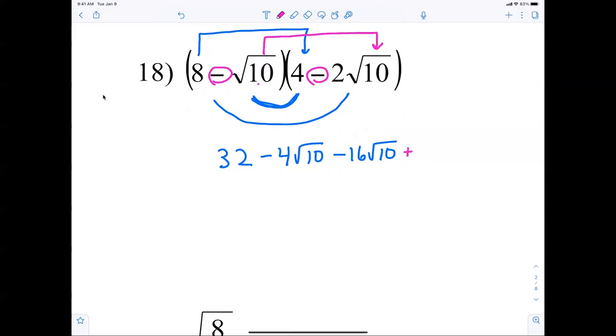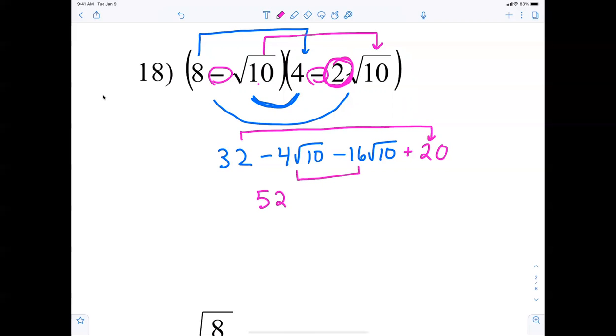Then square root of 10 times square root of 10 is 10, but there's a 2 out there, don't forget, right? So that'd be plus 20. Everybody okay with that? And so now 32 plus 20, and then combine these two.